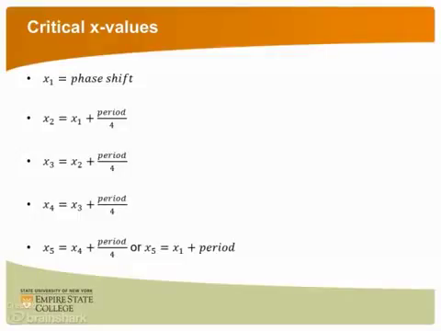There are actually two different methods to find x sub 5, our final critical x value. We can either maintain the pattern we have used to find the other x values and add the period divided by 4 to x sub 4, or we can add the full period to the very first critical x value. I recommend using the second method.